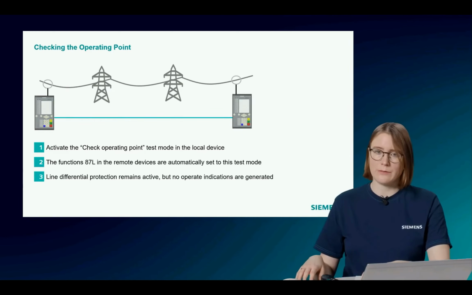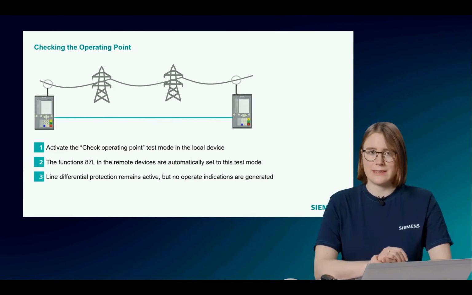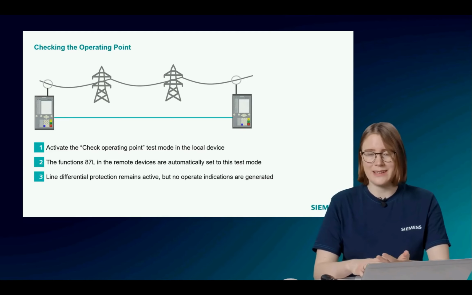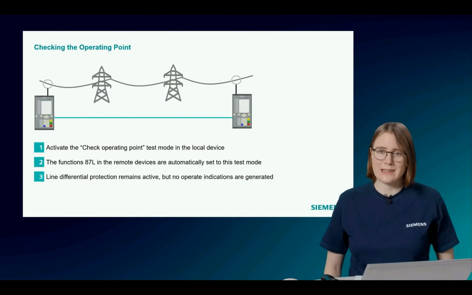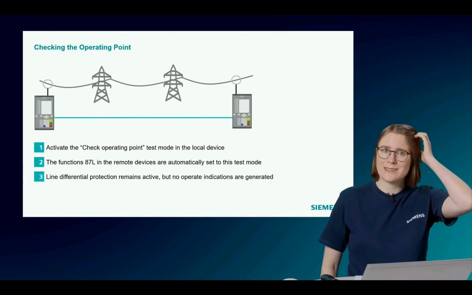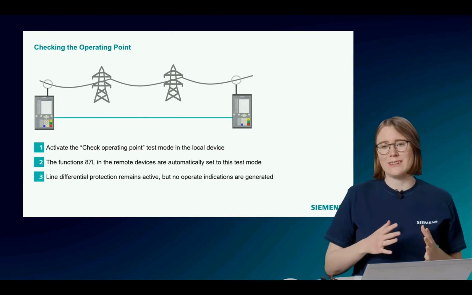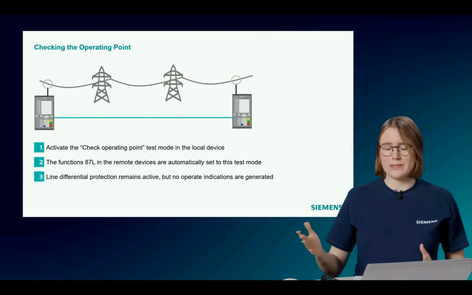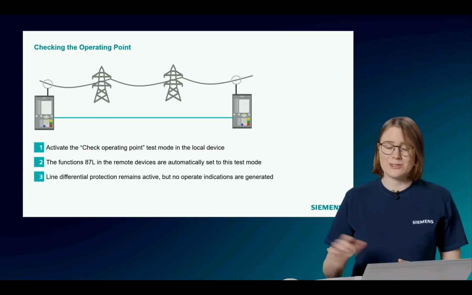The second device will follow in the same test mode. Reason for that is that here, we expect, okay, there's already 100 kilometers of distance between the two relays. Maybe you have no chance to communicate with both devices. So you switch it on in your local device and the remote device will follow. Let's give it a try in the digital twin.